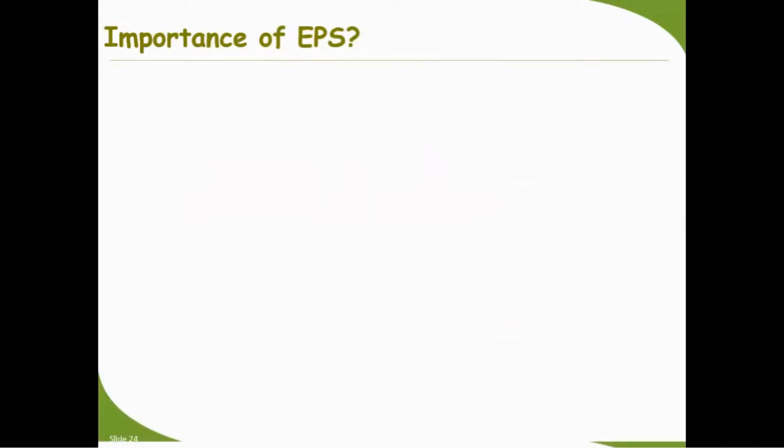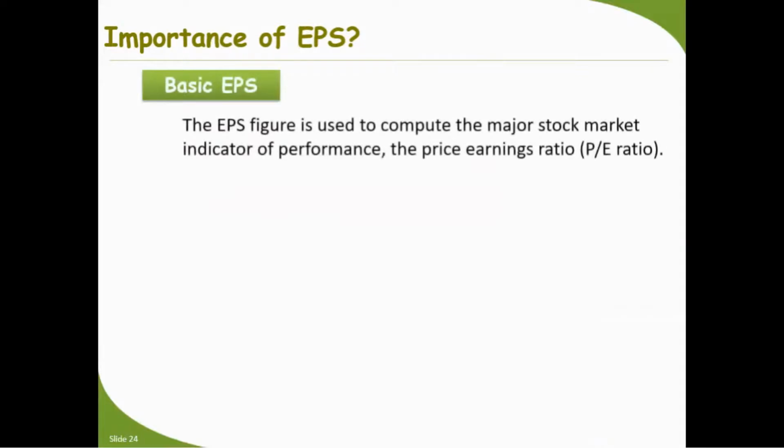Okay. Then what is the importance of EPS? Basic EPS is used to calculate the PE ratio, price earning ratio, which is one of the major stock market indicators of performance. Price earning ratio is calculated as market value per share divided by EPS.